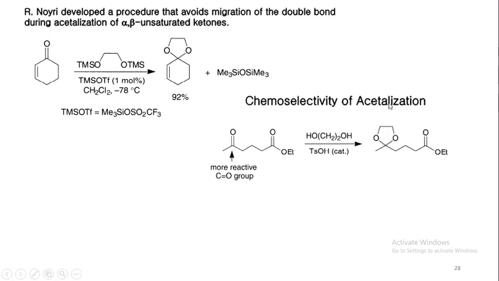Then the chemoselectivity of acetalization. Here in the same molecule there are two functional groups. One is ketone, which is more reactive than the ester, and if we react with this diol, then the more reactive functional group is easily protected by means of this diol, and there is a formation of acetal.